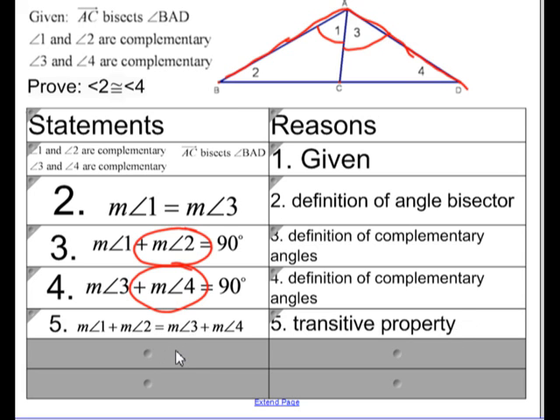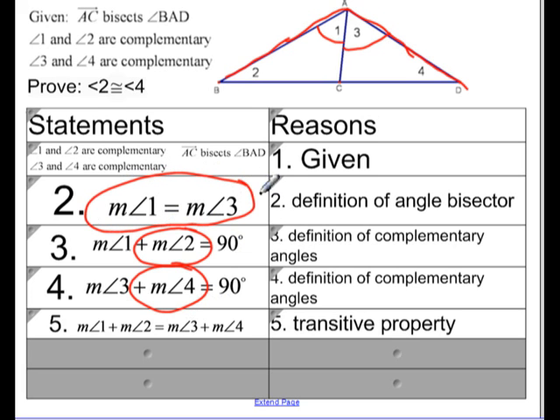Okay, now we're close. I'm again taking a look. I'm trying to get 2 and 4 equal to each other. I see 2 over here and 4 over here. So it would be convenient if I could just get rid of angle 1 here and get rid of angle 3 here. But you can only do that if you know those two things are equal. And this is a little different than algebra. In algebra, you would subtract the same thing from both sides of an equation. But really, as long as you subtract equal things from both sides of an equation, you're fine. And this is a good example of that.